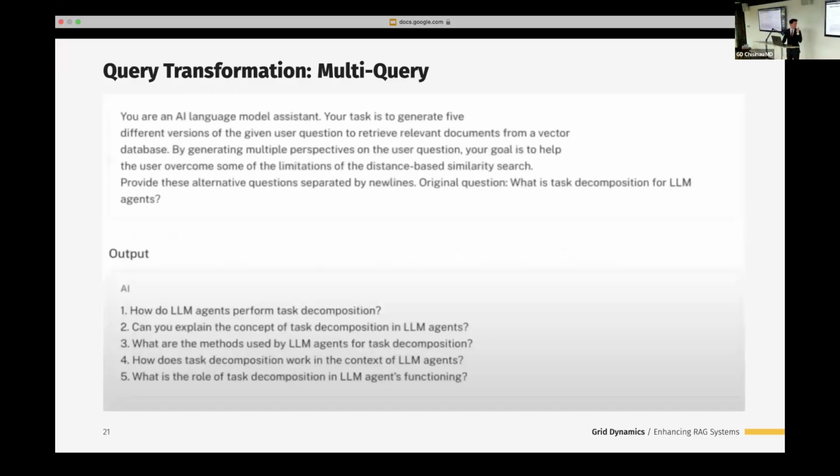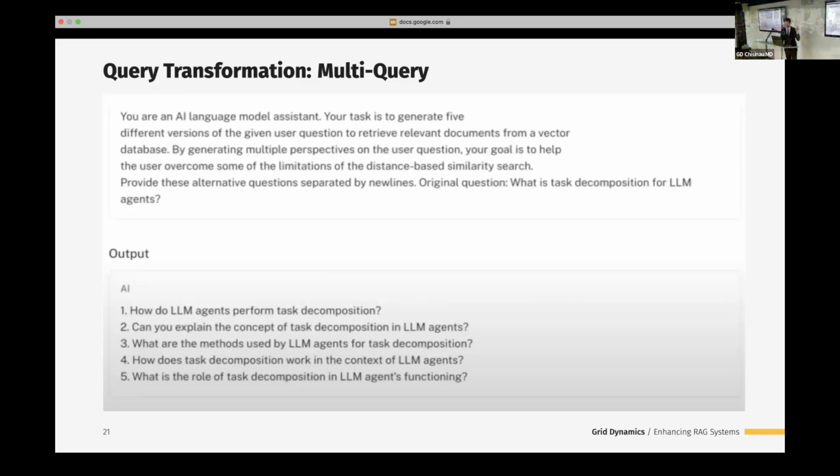But first, let's look at one example. In this part of the slide, you can see the general prompt. This is the system prompt that you use to generate this type of question. The most important thing is to tell the LLM that you use this for distance-based similarity search. Why is this important to put in the prompt? Because it makes the LLM use different words and make the questions more different, so it'll be better at semantic similarity.